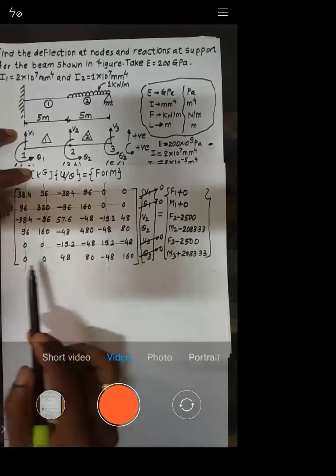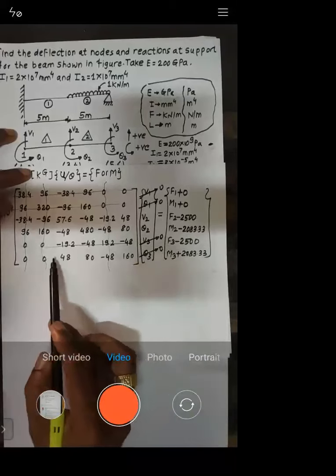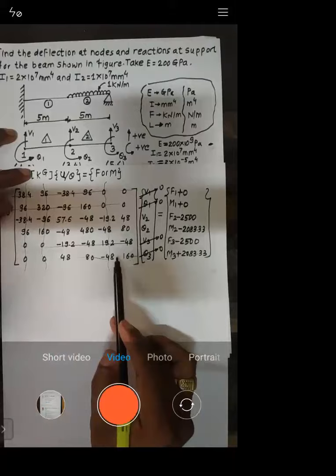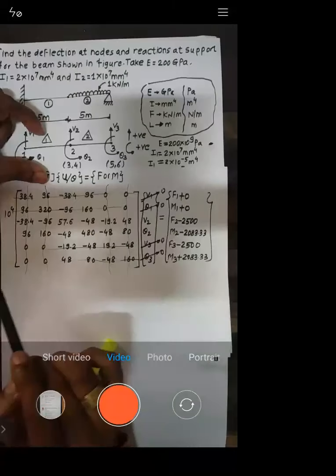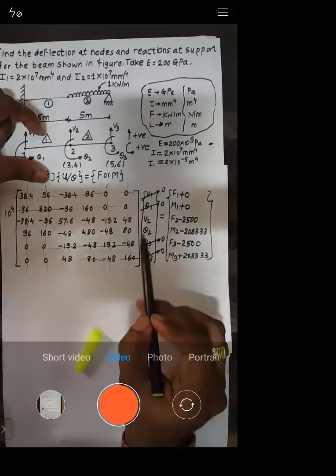Similarly, theta 3 is 0, so the sixth row, minus 48, 480, but it has to be multiplied by 10 raised to the power 4.